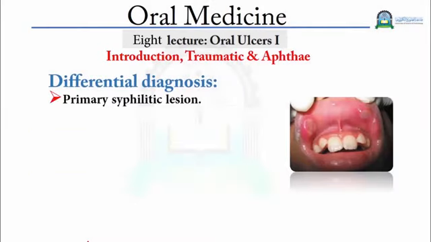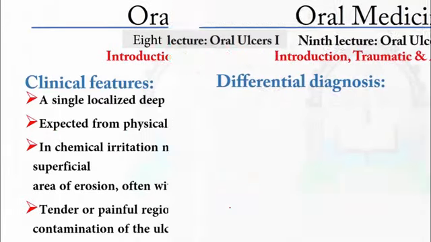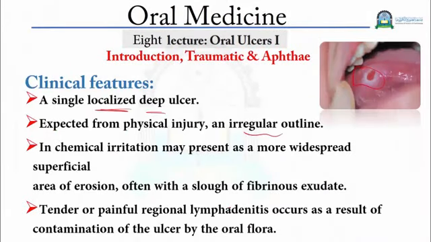So the chemical causes of traumatic ulcer will appear as slightly superficial lesions, often with sloughing of fibrinous exudate. There is a removal of white fibrinous exudate from the superficial layer of the ulcer.